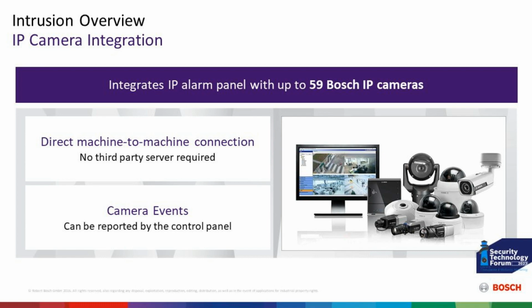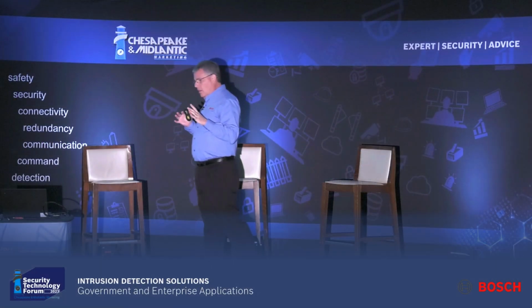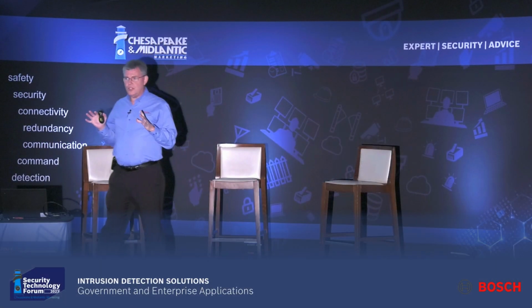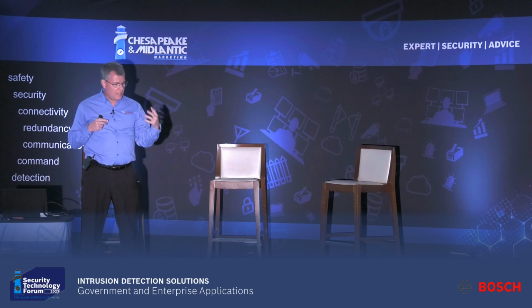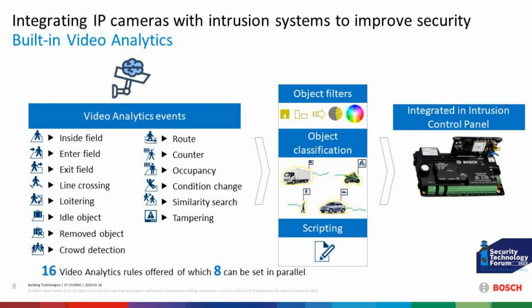And basically the way it works is our cameras have very intelligent analytics at the edge. So they can detect a lot of different things, objects moving, something's inside a field, something's exited a field, something's crossed a barrier or a trip line, line crossing, loitering, all these kinds of things.